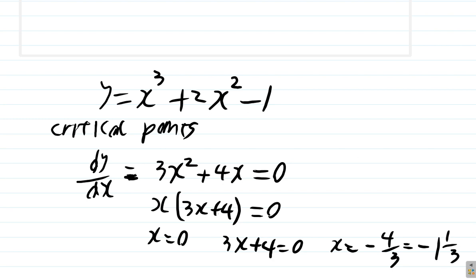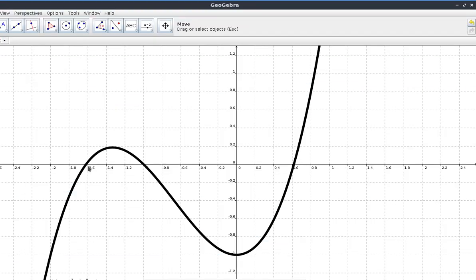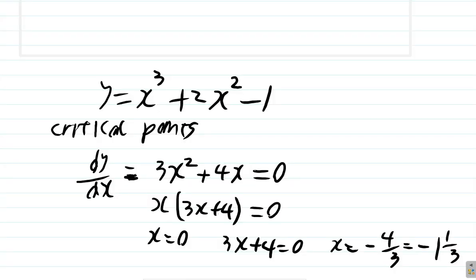Alright, I have the graph plotted here with GeoGebra. So negative 1 and 1/3 and 0. Now, I can see that the value at negative 1 and 1/3 is a maximum critical point. The one at 0 is a minimum point.